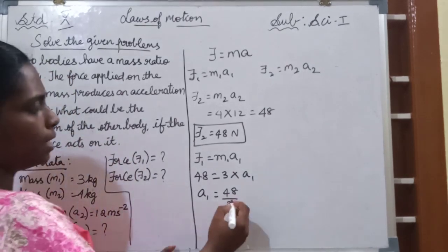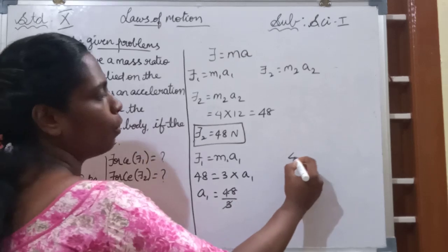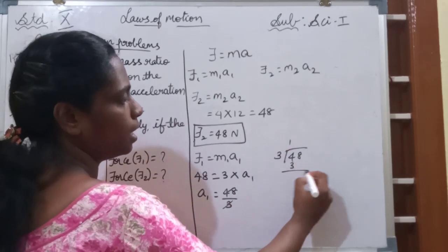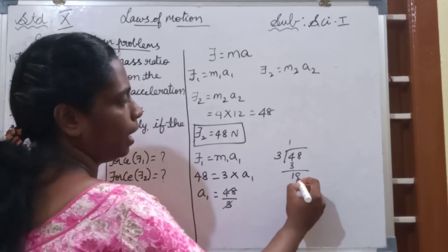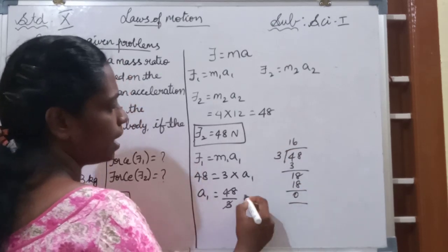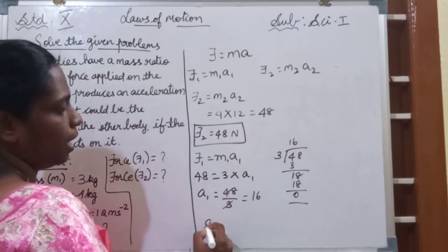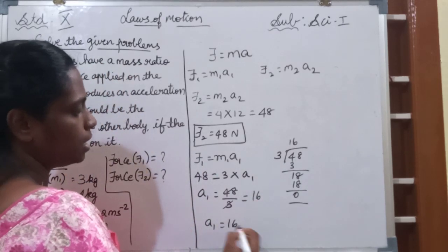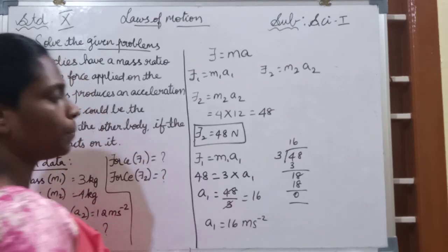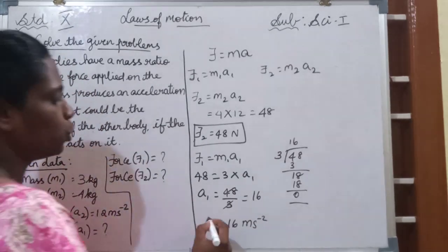When you divide this, what answer will you get? 3 ones are 3, remaining 1, 8. 3 sixes are 18. So what is my answer? 16. A1 is equal to 16 and the unit for acceleration is ms^-2.